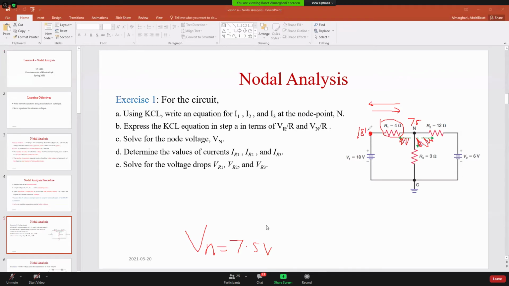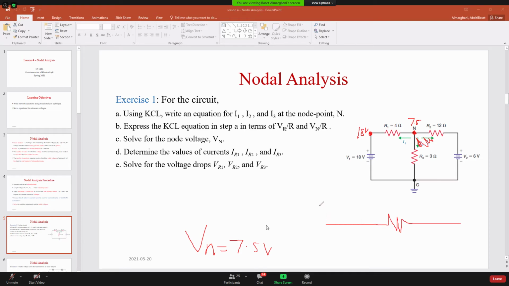Okay, the voltage here is 18. What is the voltage at this side? At this point? 7.5. So the current will be going to the right or to the left? The conventional current. Okay, let me do it one more time.